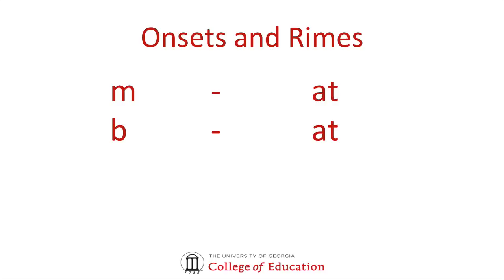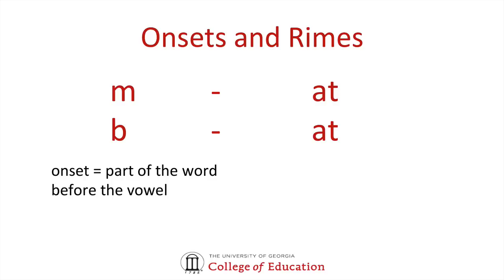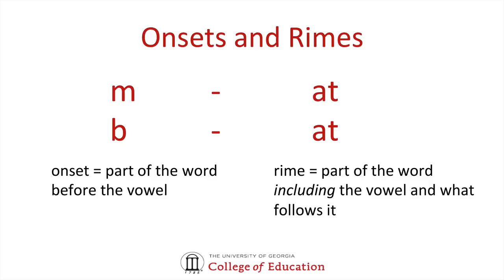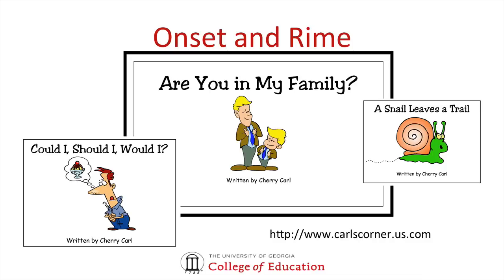Onsets and rimes. The onset is the part of the word before the vowel. The rime is the part of the word including the vowel and what follows it. Onsets and rimes are typically taught as word families. In these great books by Sherry Carl, you can see how word families, onsets and rimes, are taught. In the AI family book, you have snails and trails.